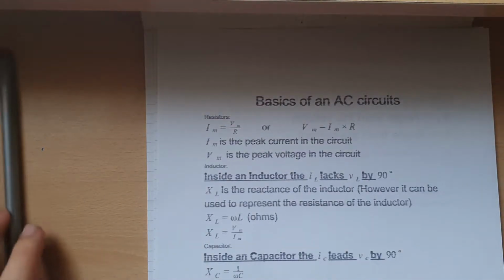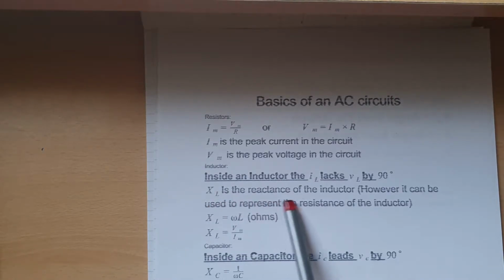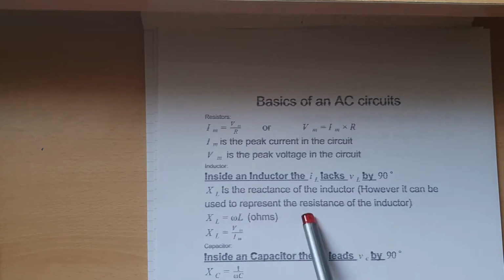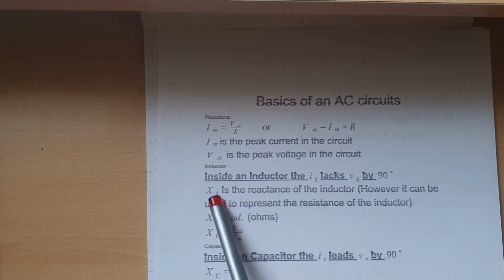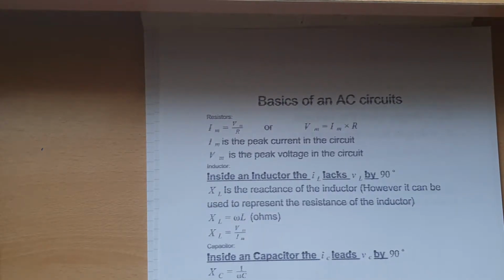So let's keep going. XL is the reactance of the inductor. However, it can be used to represent the resistance of the inductor. So XL basically is the resistance inside the inductor, and it's very important to know this, because that means we can replace any components such as inductors and capacitors with their reactance values, which basically are resistors, because they are measured in ohms.